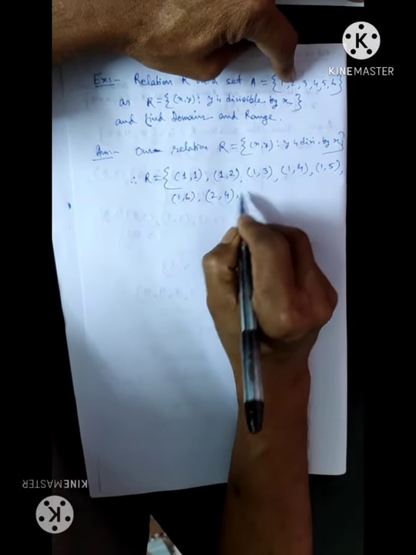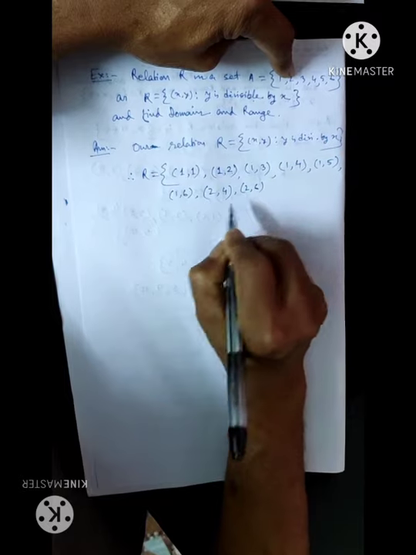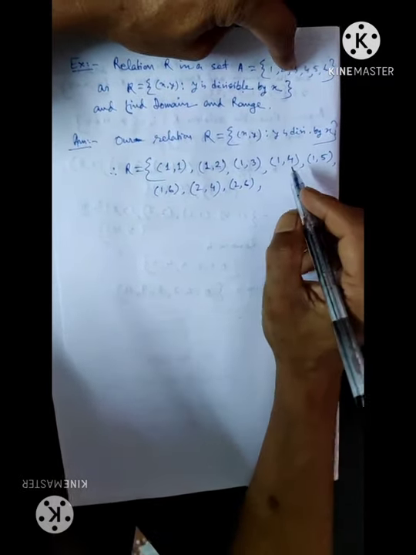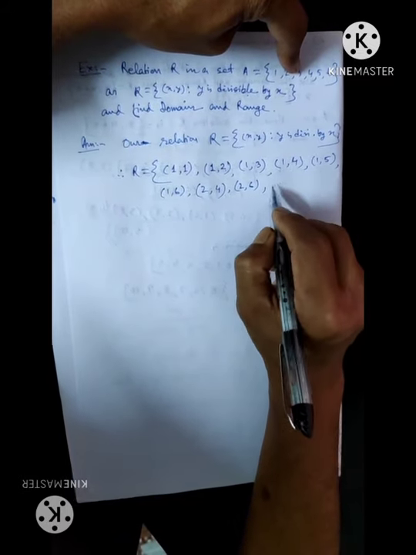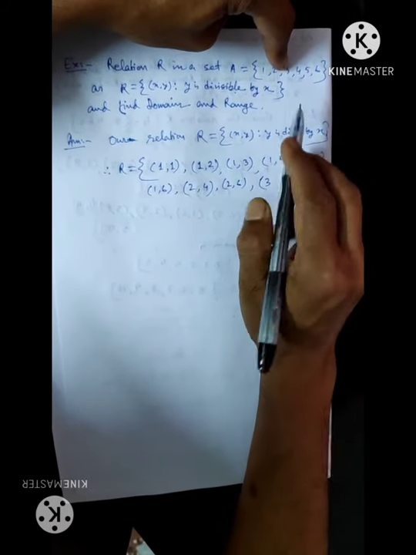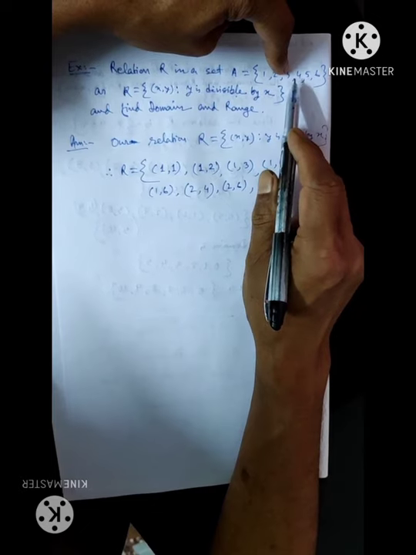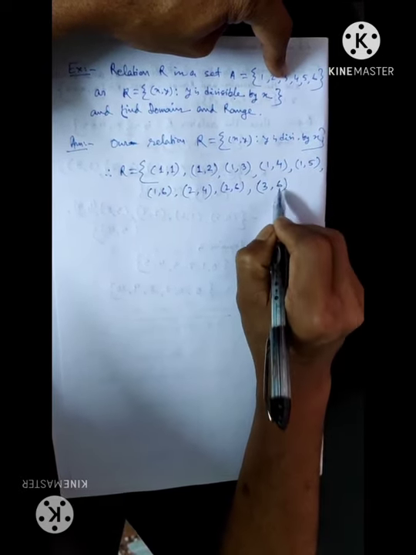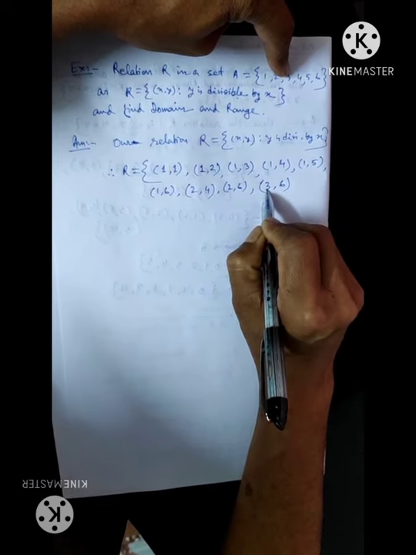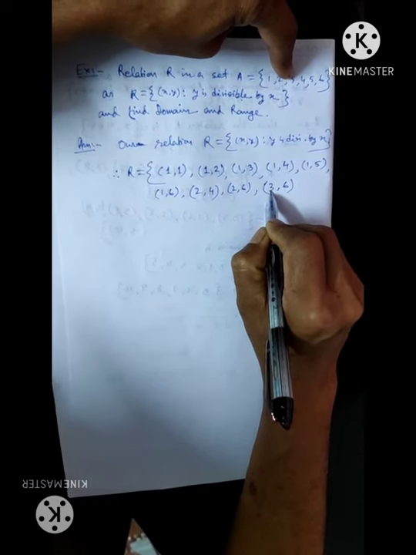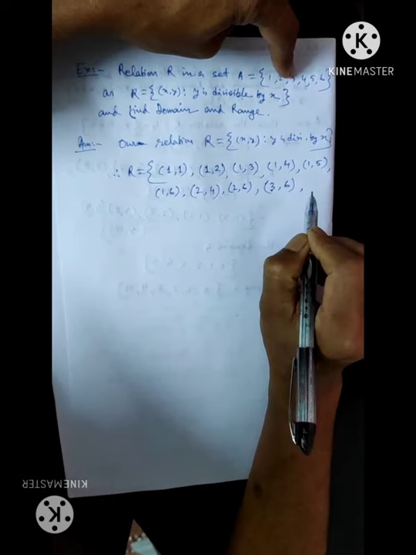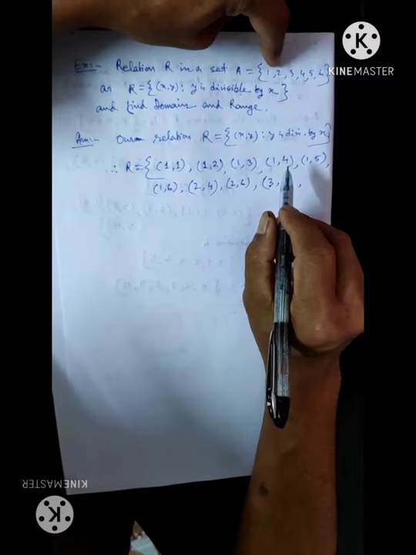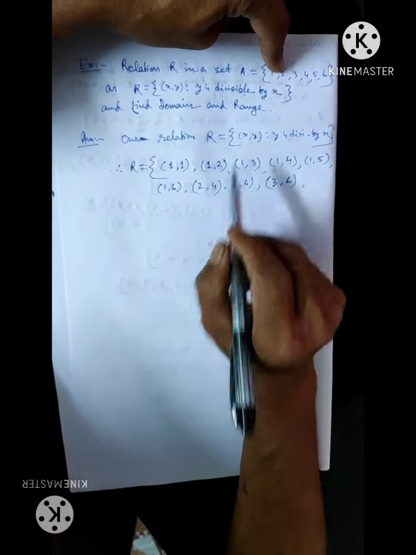So we can write 2, 6. And next, 3: 6 is divisible by 3. And 2 is divisible by 2.